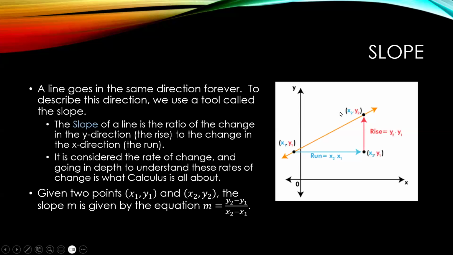If we're going from one point to another point, the rise is y2 minus y1, while the run would be x2 minus x1. If you flip them around, that's okay, as long as you are consistent with which one is which point. And so given 2 points, the slope m is given by the equation m equals y2 minus y1 over x2 minus x1.